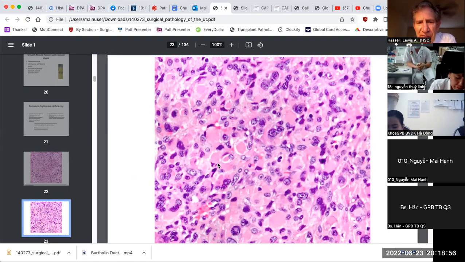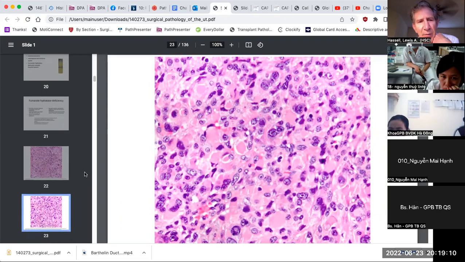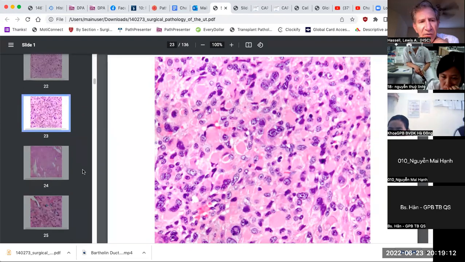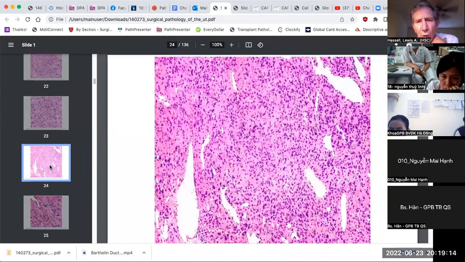And so this is a feature that if you recognize it, you can say, oh, maybe this is a fumarate hydratase deficient tumor. And in that case, you may want to do things like germline testing or other evaluations.